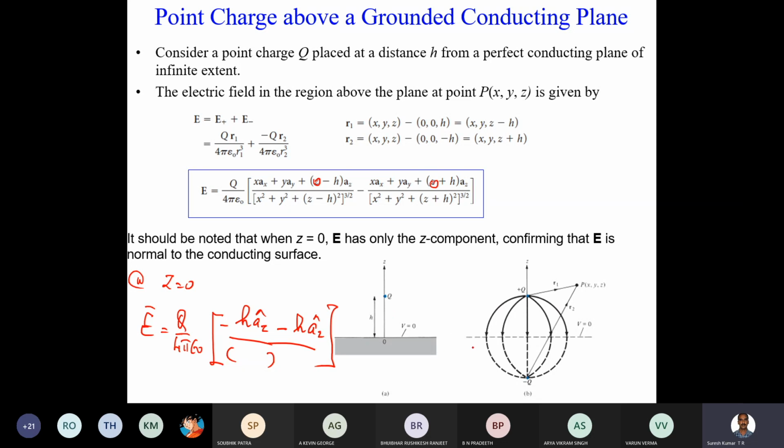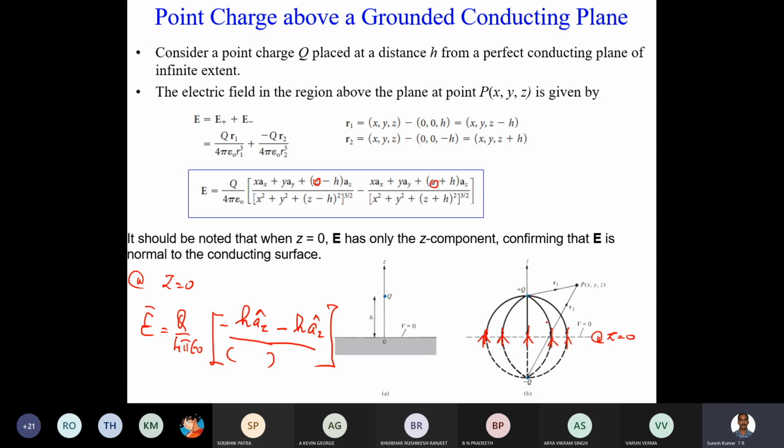Okay. So the point here is, this corresponds to z equal to 0, right? At z equal to 0, electric field is only in this direction. So you can see even in this picture, electric field is only perpendicular to the boundary, the z equal to 0 plane. Electric field is perpendicular to the z plane. It is not tangential.